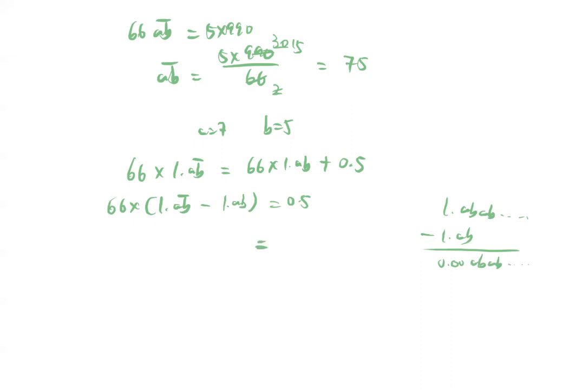So immediately you know that 66 times AB divided by 9,900 times 66 equals 0.5, and we should get the same answer. It's a much faster process, I feel like. Yeah, so that's number 5.